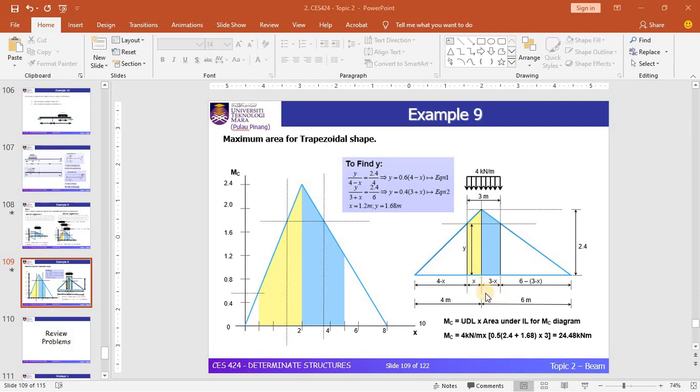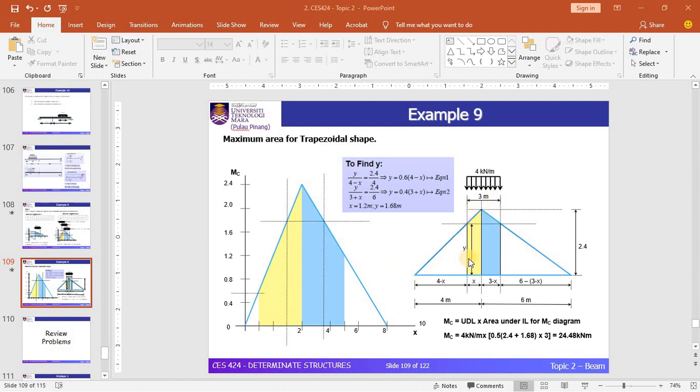If you look at this particular diagram, let's consider the left-hand side of the peak point, which is this trapezoidal. Looking at the left-hand side of this peak point, you can see there are two triangles. This is the first triangle, and this is the second triangle.